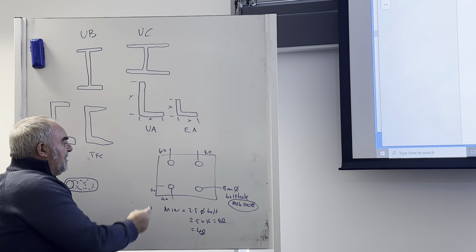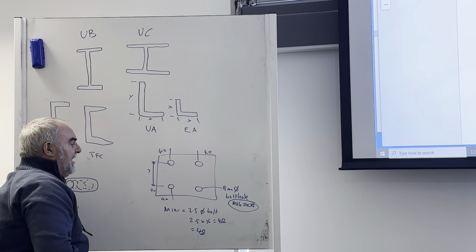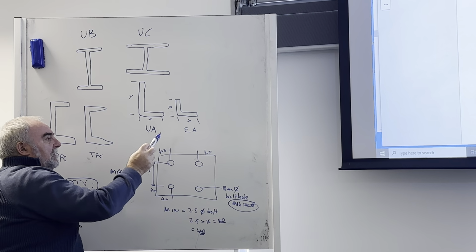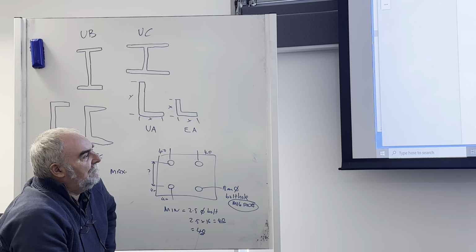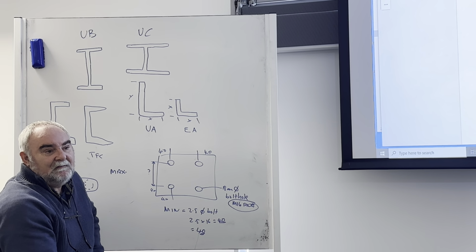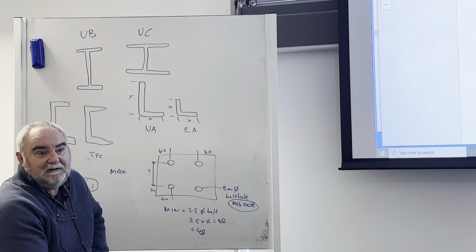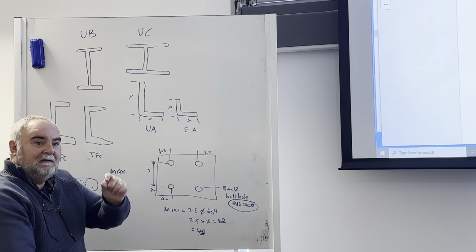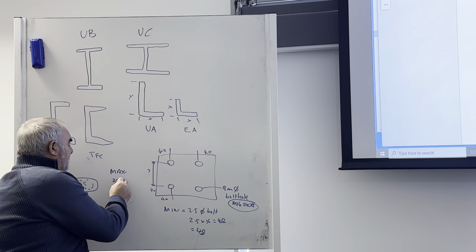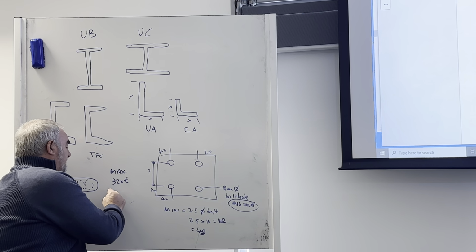So the next thing to calculate is what is that distance there. And that has a maximum, up there on the board, of 32 times T, where T equals the thickness of the plate. So if the plate was 10 millimeters, it would be 320.